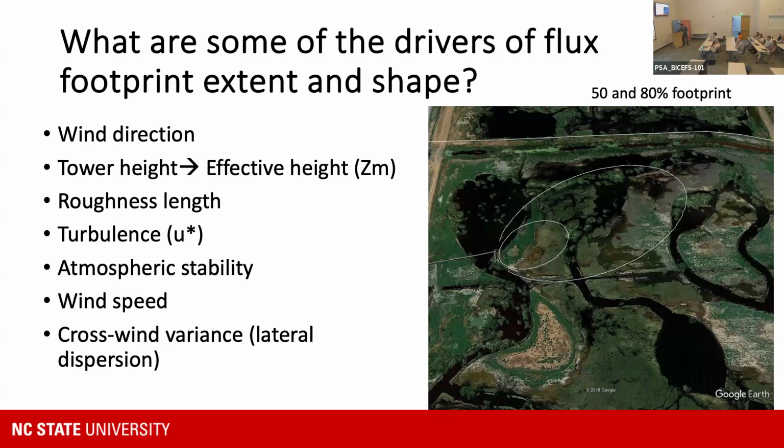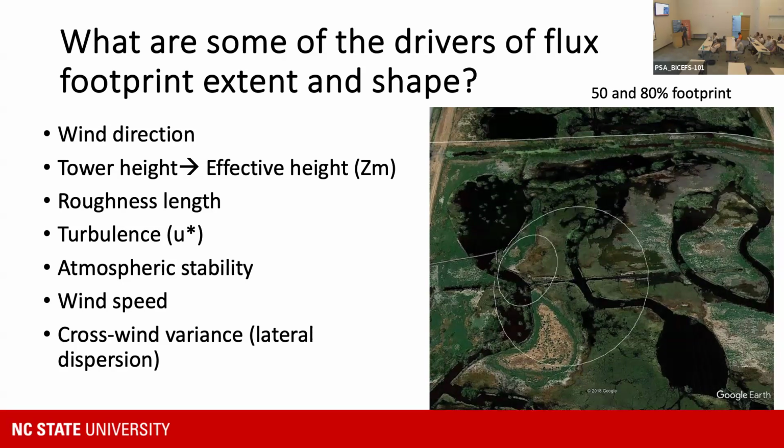So we know that it changes with wind direction, but it also changes with tower height. So higher towers create larger footprints. The roughness of the surface, how rough are the elements, turbulence, atmospheric stability. So this is basically an atmospheric model that creates these footprints.